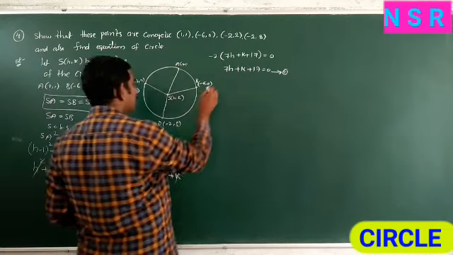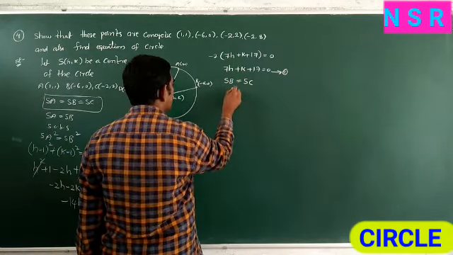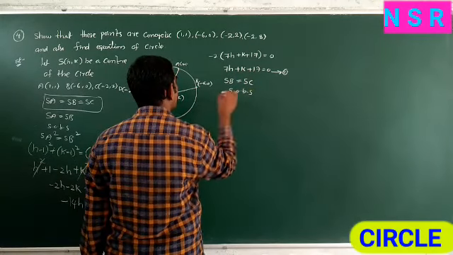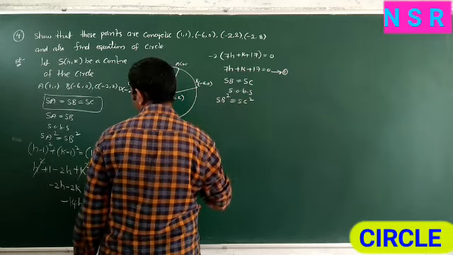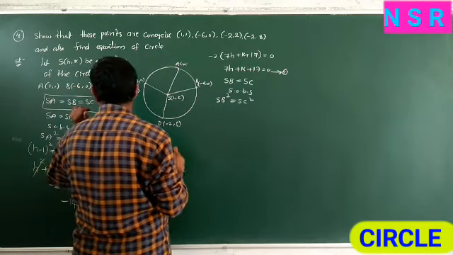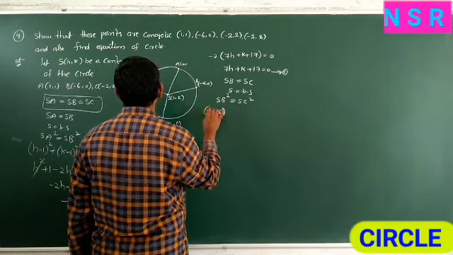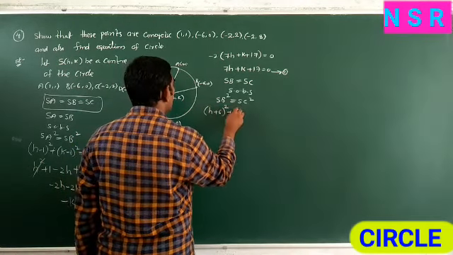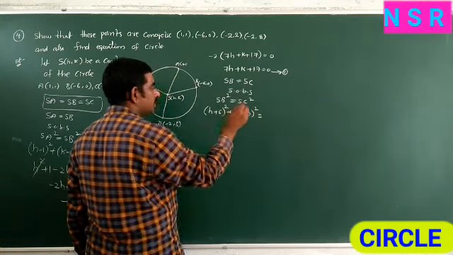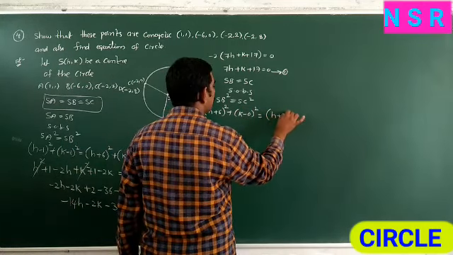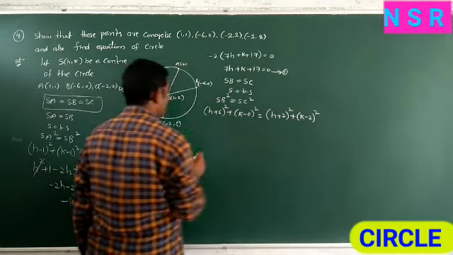So next SB equal to SC; again squaring on both sides, SB square is equal to SC square. So apply the distance formula for SB and SC. So (h minus of minus 6, h plus 6) square and (k minus 0) square is equal to (h minus of minus 2, h plus 2) square, (k minus 2) whole square.